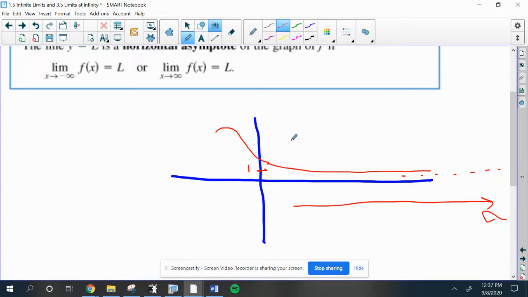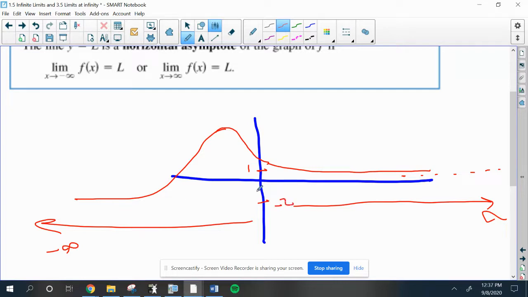And say when you approach negative infinity, the graph also approaches a number, say -2 maybe. That also by definition then is a horizontal asymptote. So basically a horizontal asymptote is where a graph evens out.